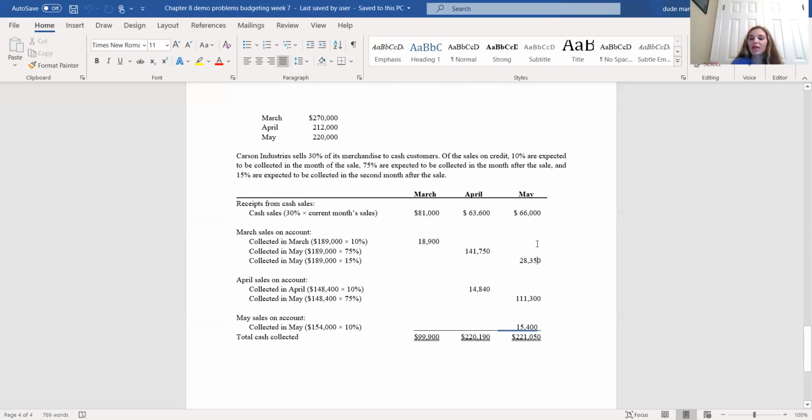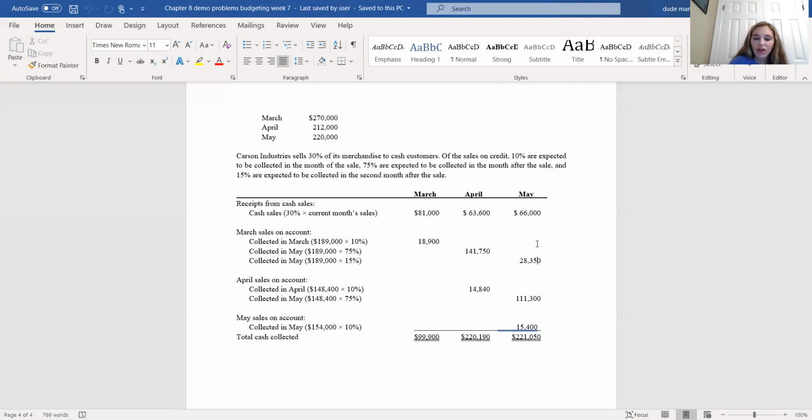Now keep in mind that this would normally be done in Excel. We'd also probably program this into our ERP system to determine these amounts. And we could also probably change the variables. The 10% collected in the month of sale is an assumption. It may vary based on the organization that you're working in.